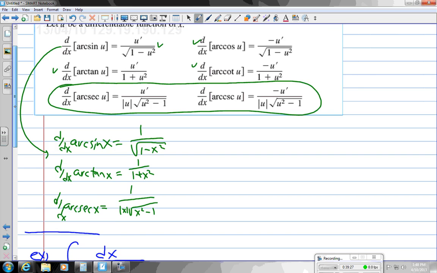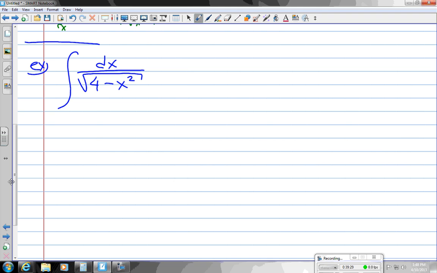So if I try to fake a 1 instead of that 4, I have to do some factoring. I'll pull out a 4. If I do pull out that 4, that leaves us with 1 minus x squared over 4.